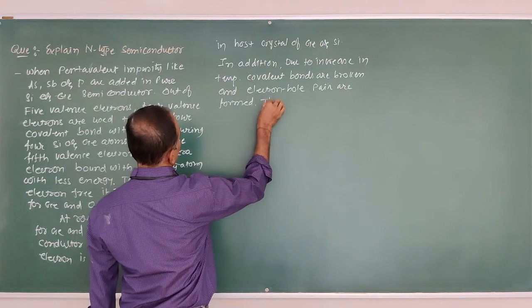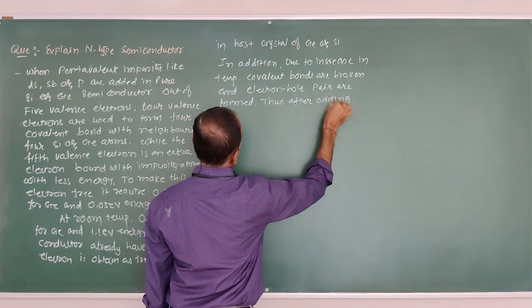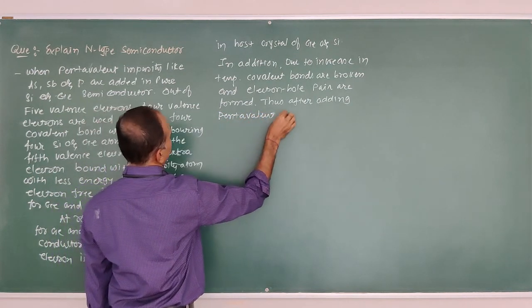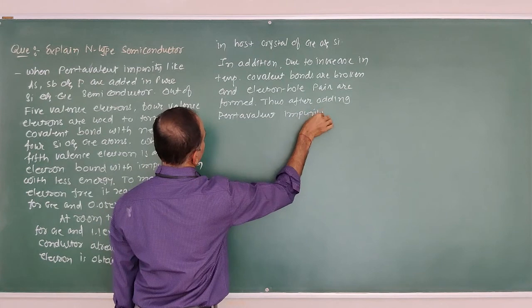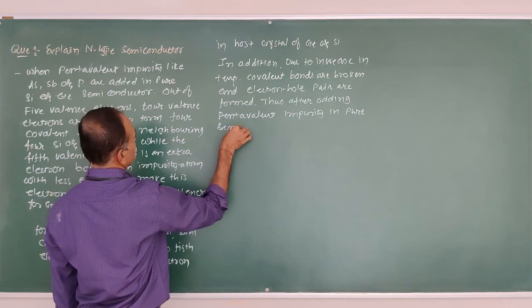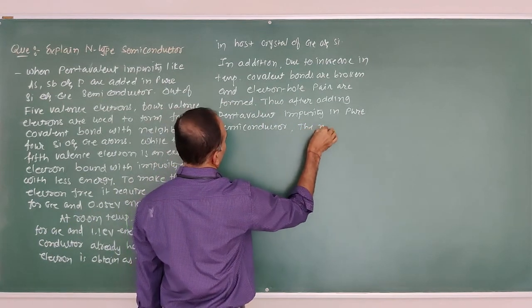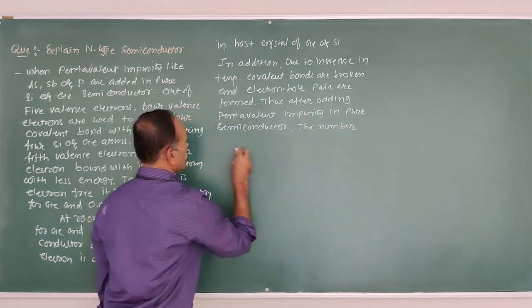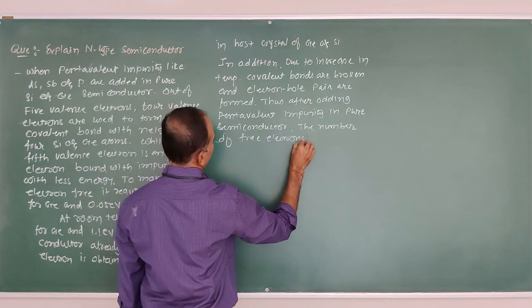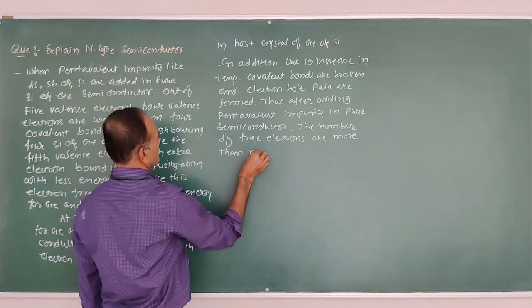Thus, after adding pentavalent impurity in pure semiconductor, the number of free electrons is more than the number of holes.